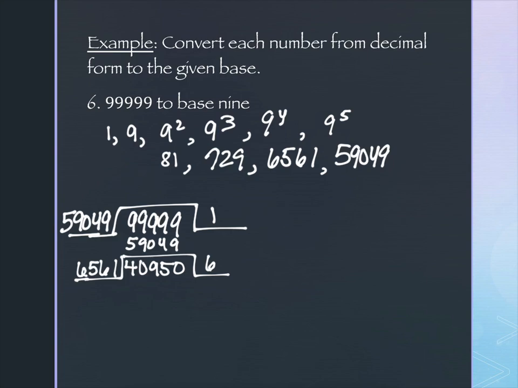What is 6 times 6,561? 39,366. We subtract, what do we get? 1,554. I don't have that number written down anywhere. 1,580. No, hang on.